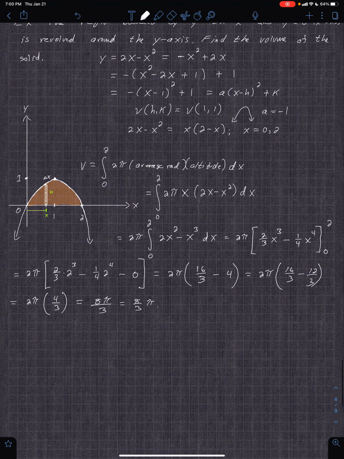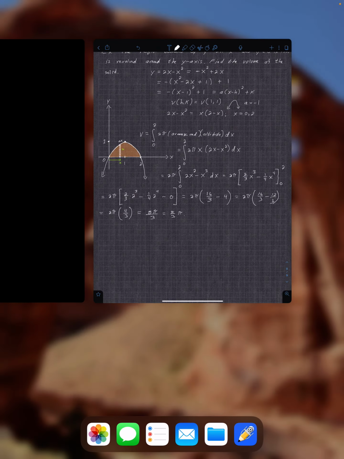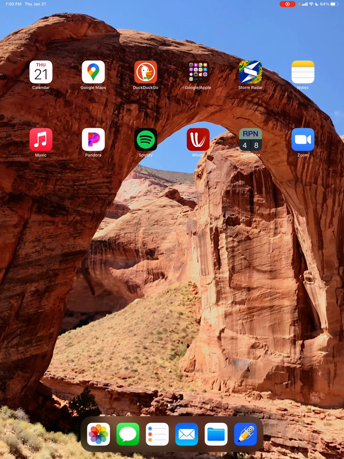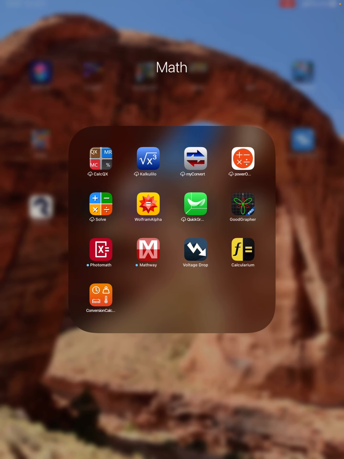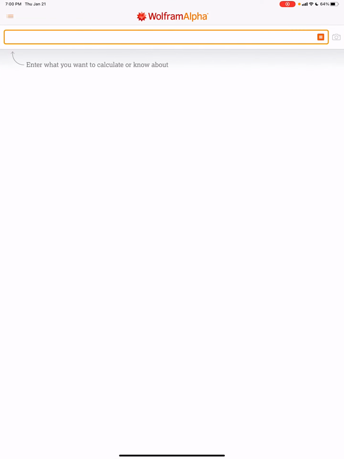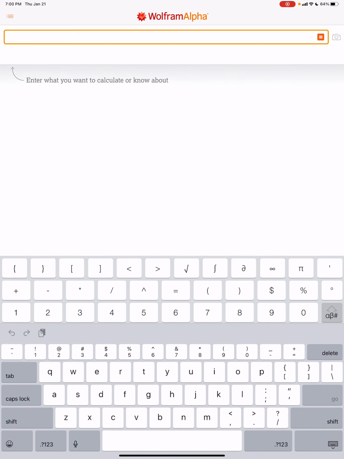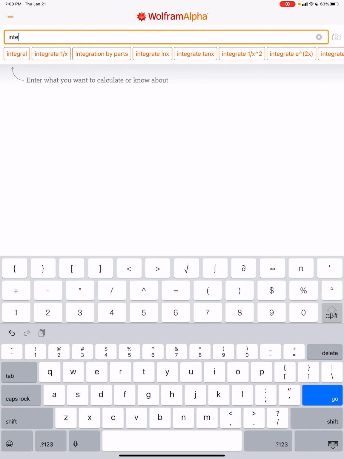Okay, I wanted to show you this. You can evaluate this using Wolfram Alpha. Let me show you that. Go to math. There's all kinds of other ones on there. I'm going to see if I can get this to work. Let's see. What do I want to do? Integrate, and then write in the function.